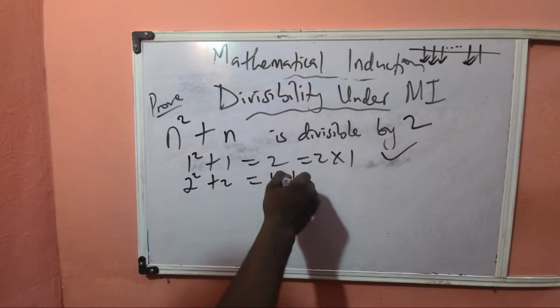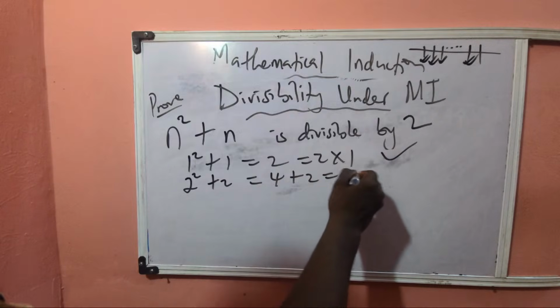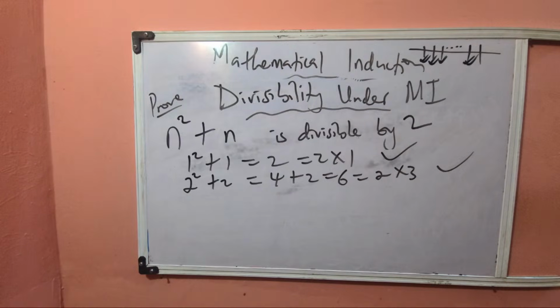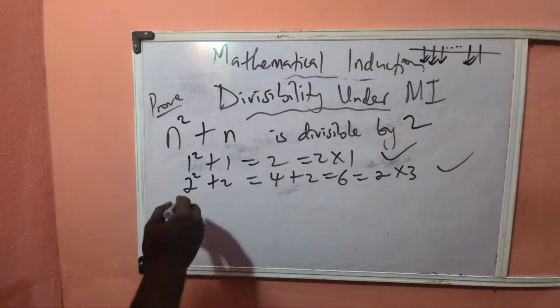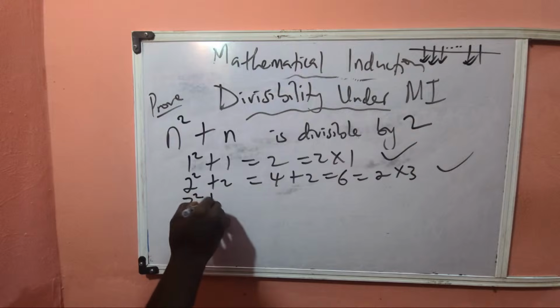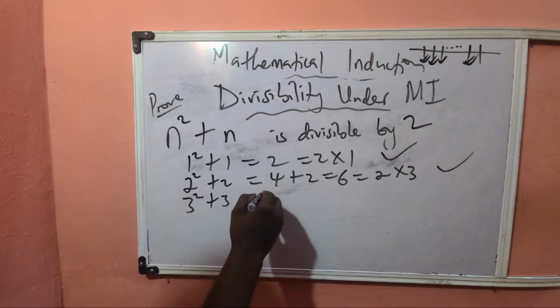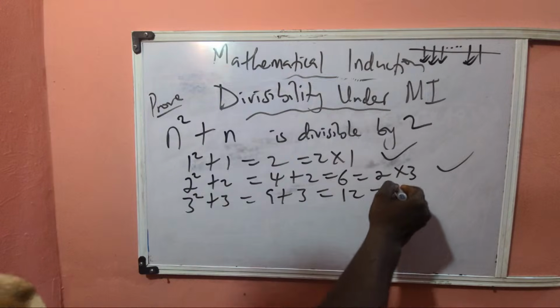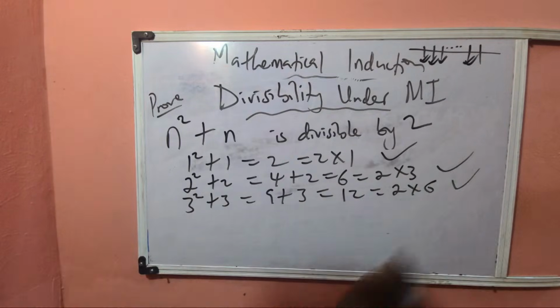We got 4 plus 2. That's 6, which is 2 times 3. It was also divisible by 2. We then do 3 squared plus 3. 3 squared is 9 plus 3. That's 12, which is 2 times 6. It was divisible by 2.